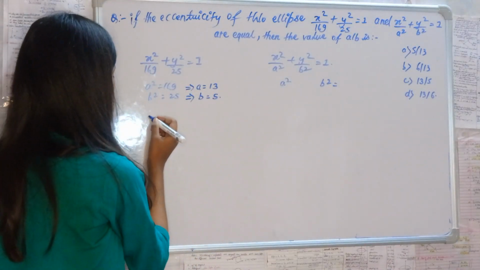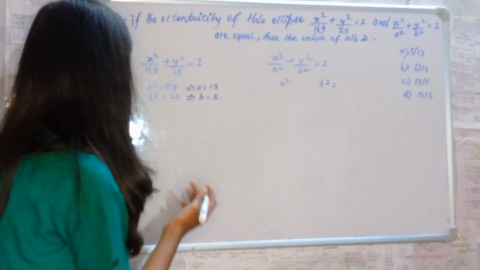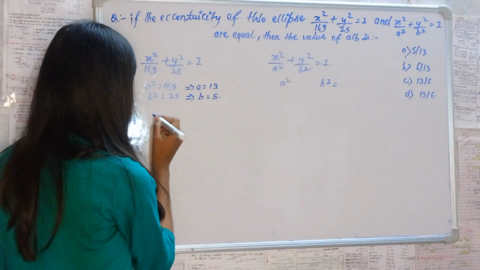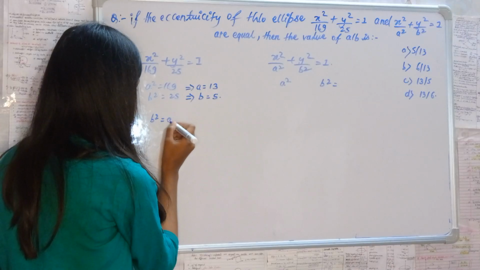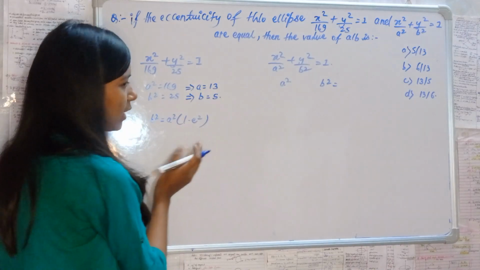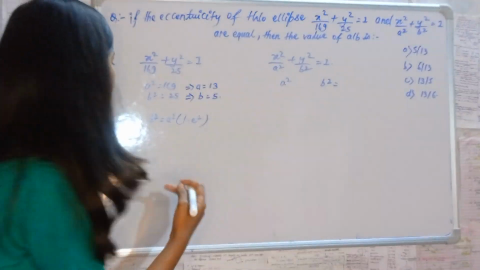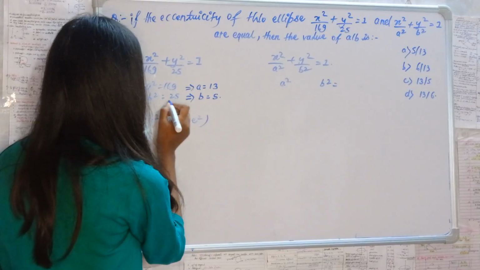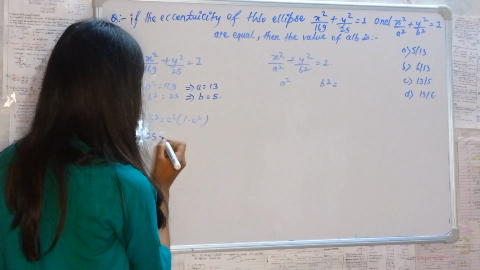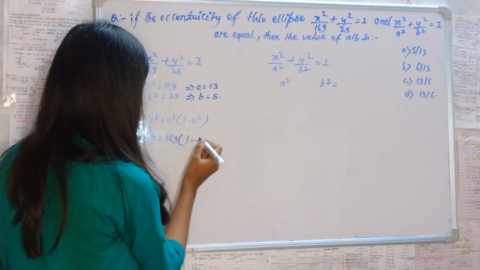If I apply the relation between the eccentricity, a and b, the relation says b square is equal to a square times 1 minus e square. Applying it here, b square is 25, equal to a square, which is 169, times 1 minus e square.